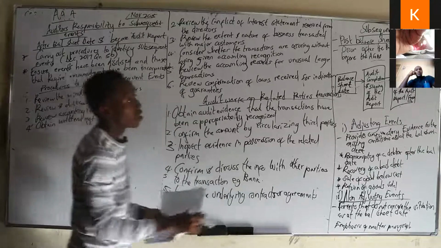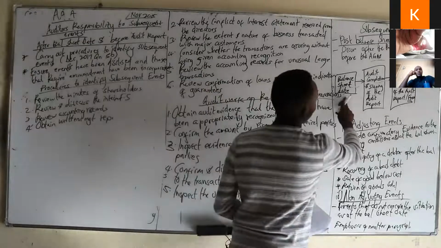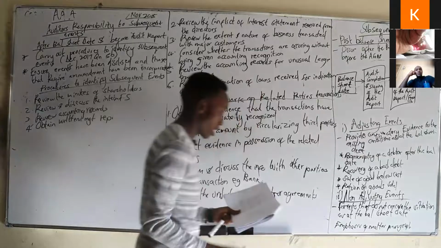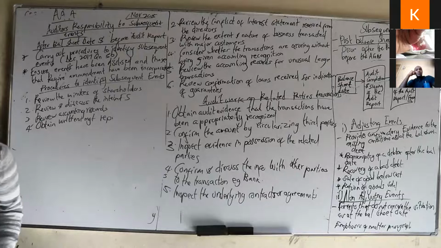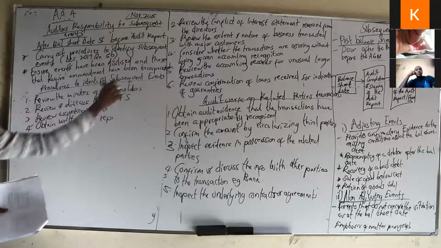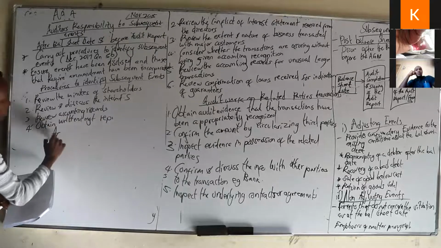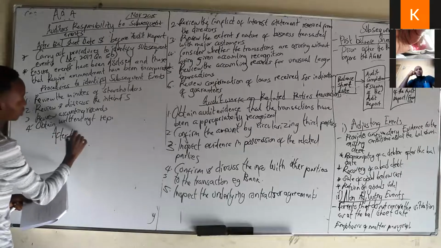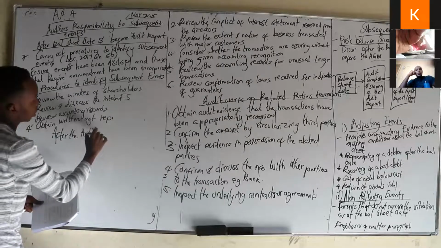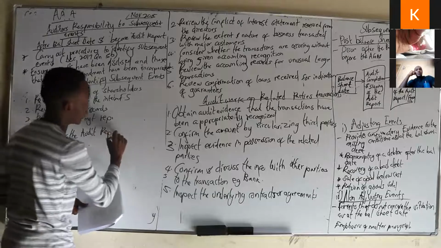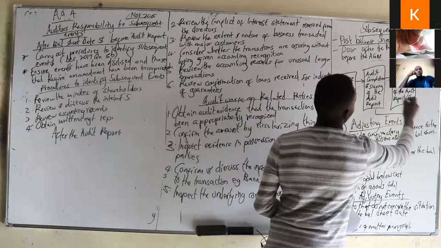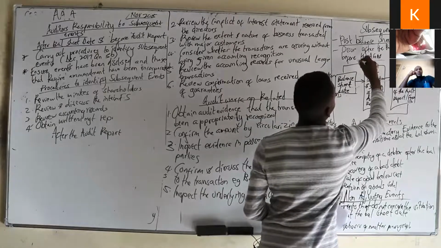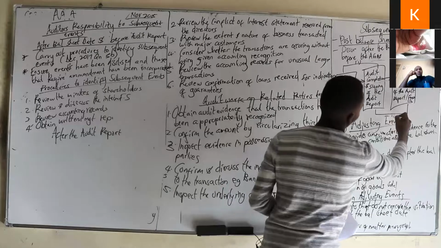Now, that is for the period between the balance sheet date and the audit report being signed. The period after the audit report has been signed but before being circulated is this period right here. So we started with Roman 1, and this one is Roman 2.